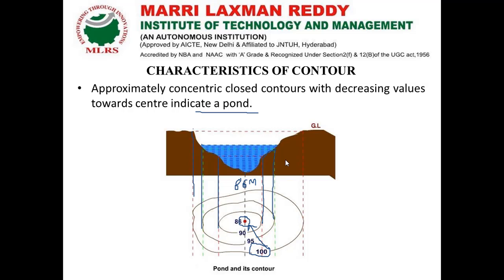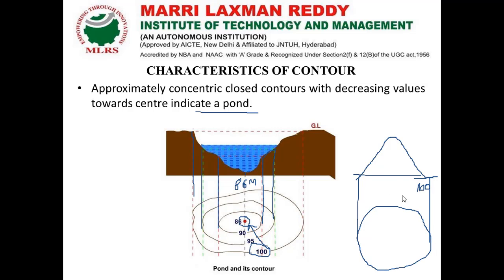Similarly, if it is a hill, I take the reading here, and this is 100 meters. I get the line somewhere here, so this is my 100-meter line. I am taking the RL around the hill.